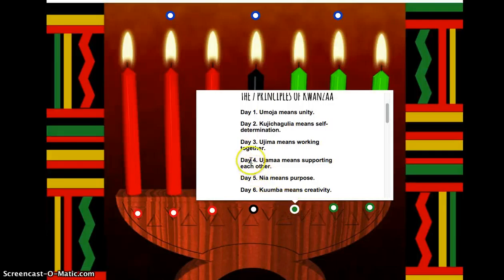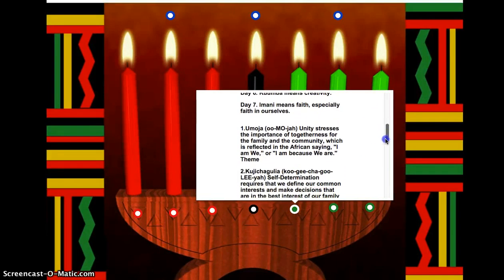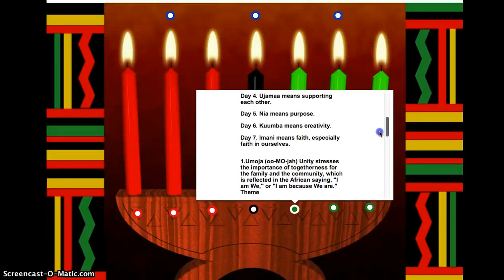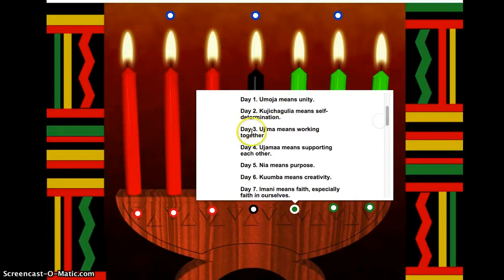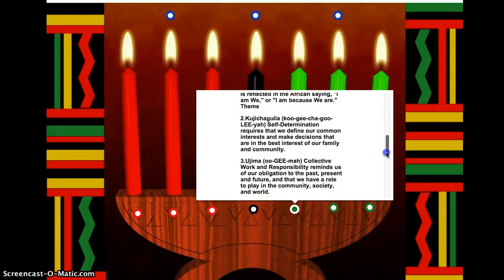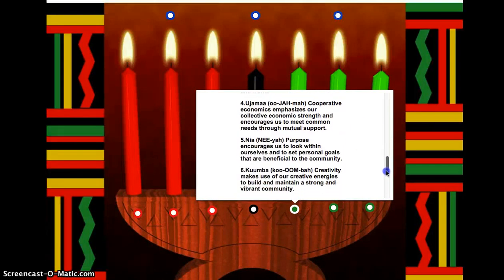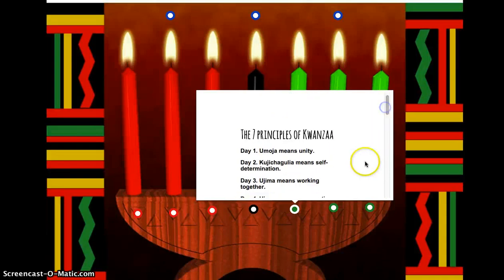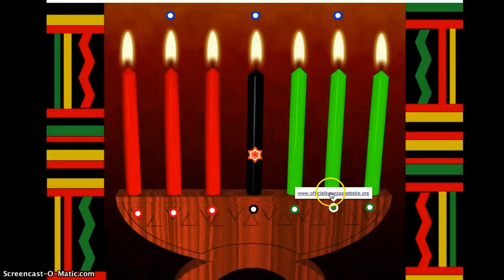So I put from day 1 to day 7 what they meant, and then I realized that not many people would really understand the words, so I decided to put what the different words actually meant. That way people could get a deeper meaning on the different days and what they meant. So those were the 7 principles.